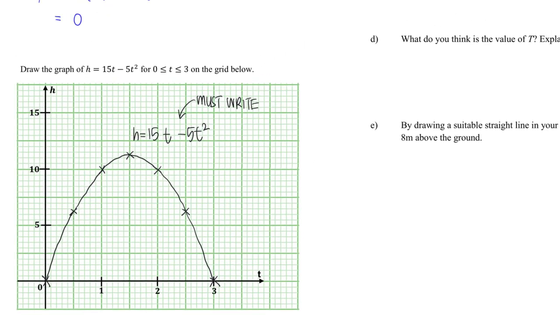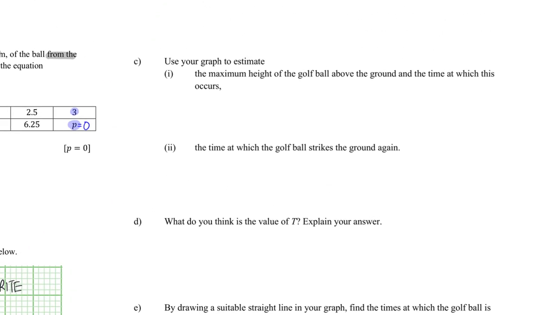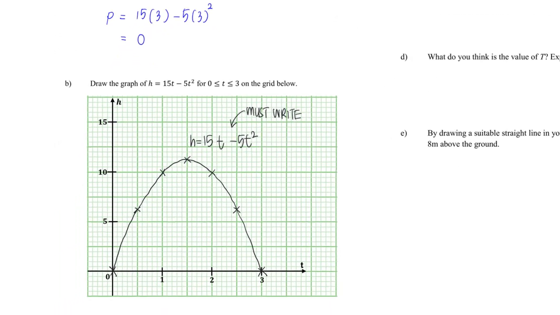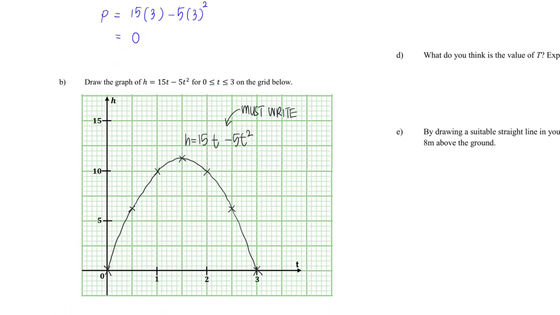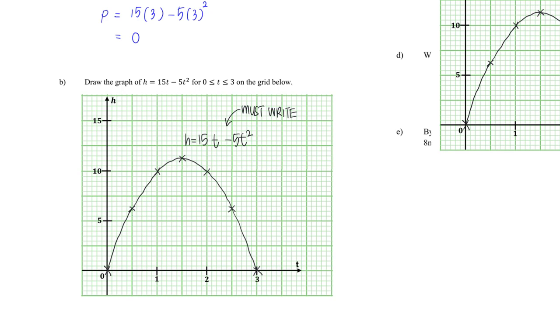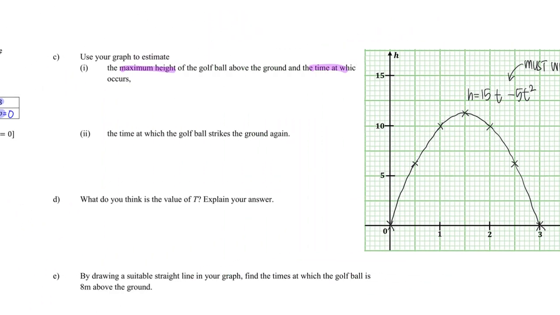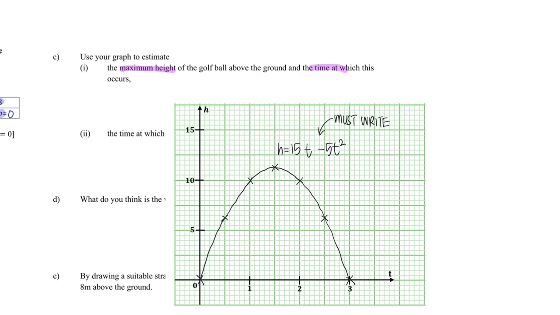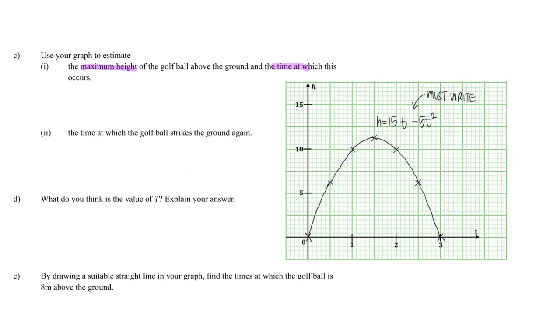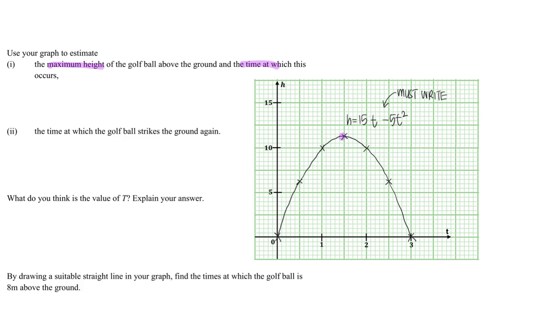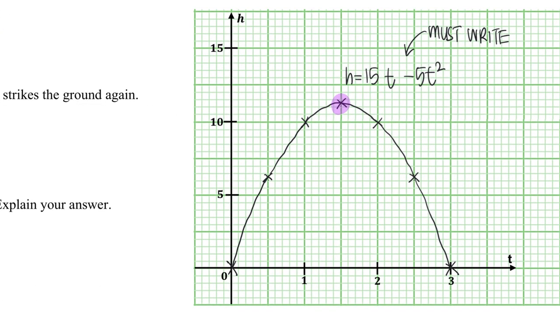Alright, let's use the graph to find the maximum height. And they also want the time at which this occurs. So I'm going to just duplicate this graph and put it to one side. For this particular graph, the maximum point is here. So obviously we got this point already, am I right? If I zoom in, this is where the maximum point is.